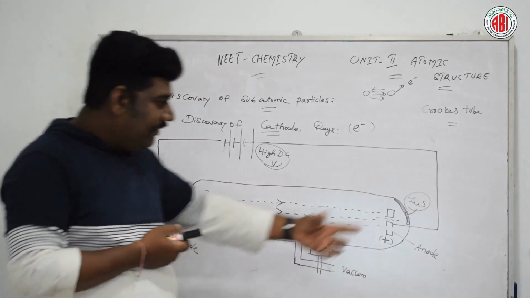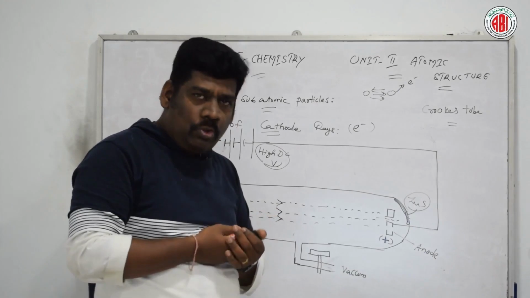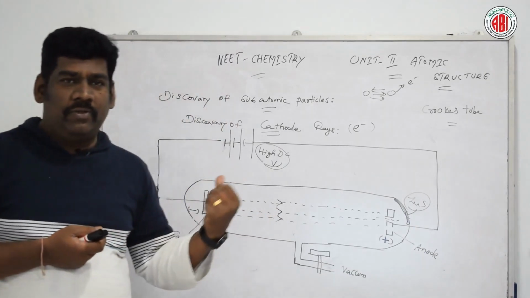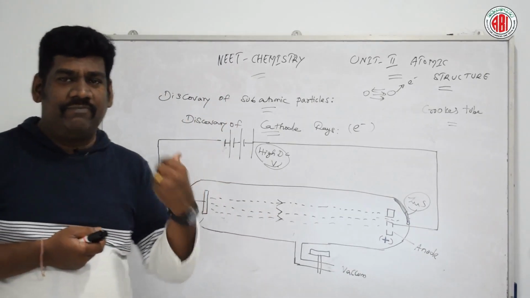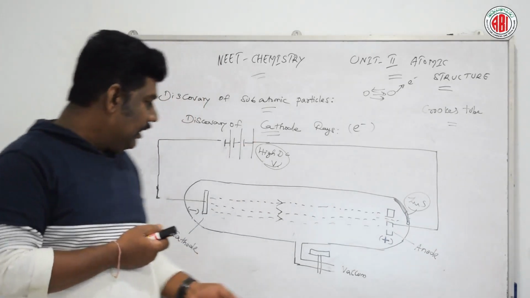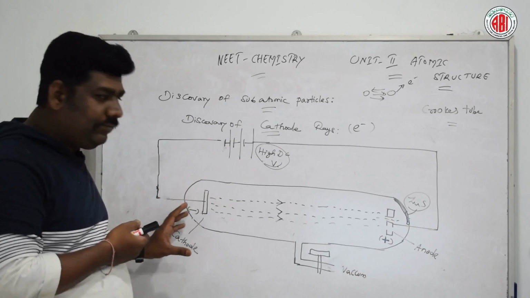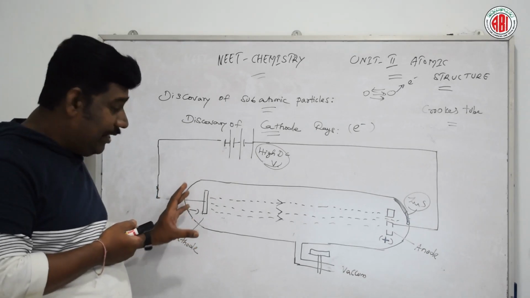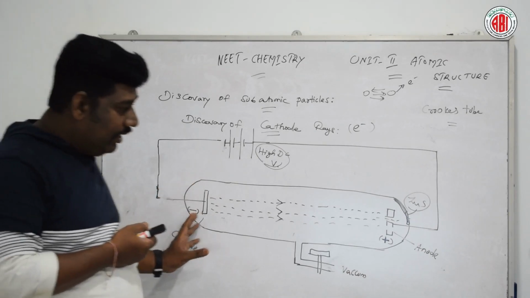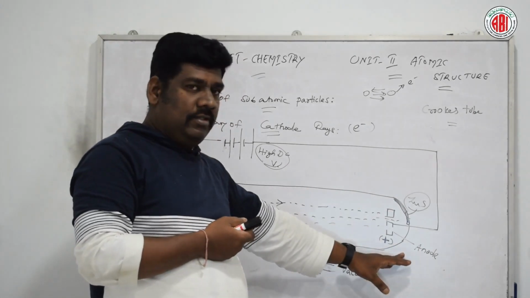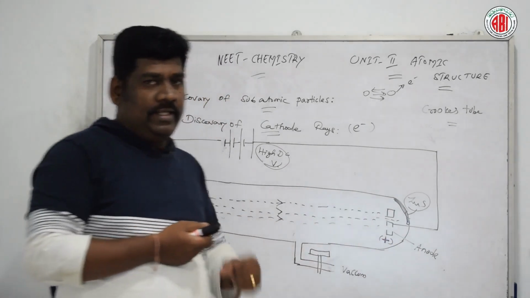Yes. So zinc sulfide helped us to see the cathode rays visibly, because these rays are passing from the negatively charged electrode to the positively charged electrode, and we made a hole here.